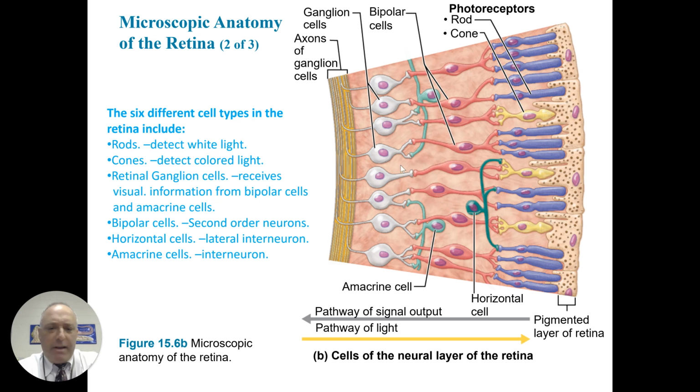Then we have an interneuron called the amacrine cell, and then ganglion cells that are inhibited or activated by the bipolar cells, which then send the signal down the optic nerve.